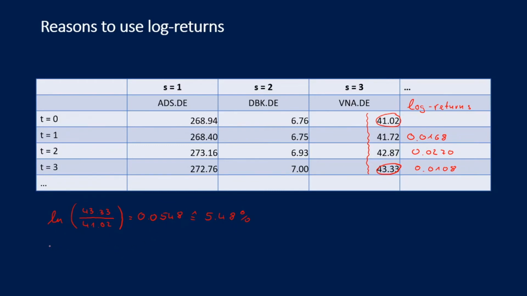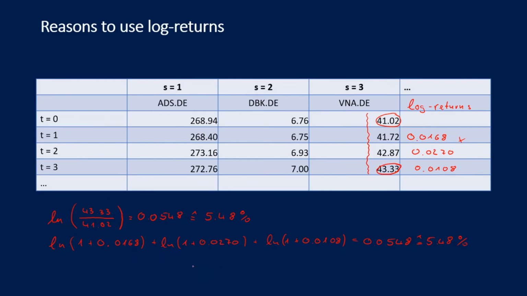And now to prove that we can add up all those returns, we can now calculate the log of 1 plus the first, this one, 0.0168 plus the log of 1 plus 0.0270 plus the log of 1 plus 0.0108, and that is 0.0548, and of course that is 5.48% equivalently.